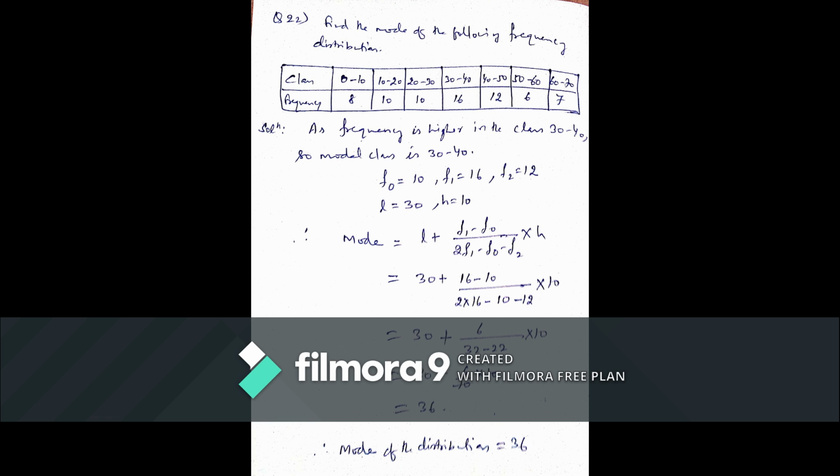We call it the size of the class, so H is equal to the size of the class. Putting these in the formula, L plus F1 minus F0 by 2 F1 minus F0 minus F2, into H, we get the value 36. So the mode of the distribution that we have found is 36. It is a purely statistics question, formula based: you put in the direct formula and you get the answer.